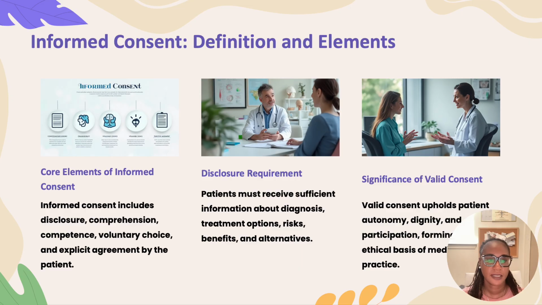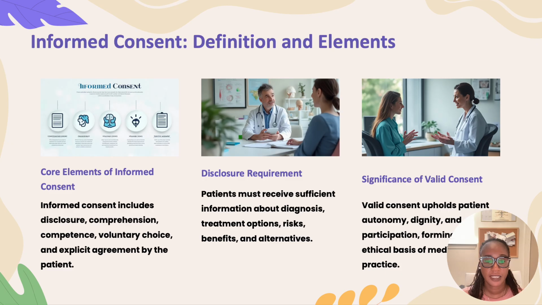Informed consent, definition and elements. Some core elements of informed consent: informed consent includes disclosure, comprehension, competence. It must be a voluntary choice, an explicit agreement by the patient. Disclosure requirement: the patient must receive sufficient information about diagnosis, treatment options, risks, benefits, and must have alternatives explained to them.